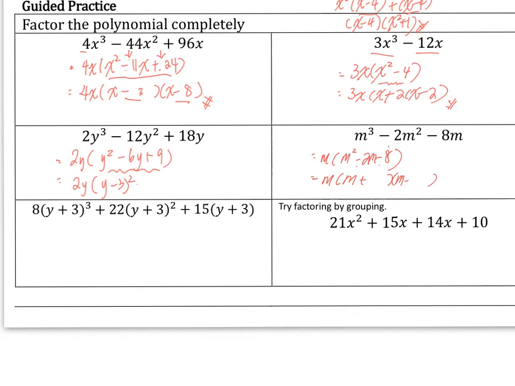And I need to use the factors 2 and 4. So positive 2 times negative 4 gives me negative 8. Positive 2 plus negative 4 gives me negative 2. So we're good to go. This is factored completely. And for this next one here, I see that I have a common binomial. I'm going to factor that out.